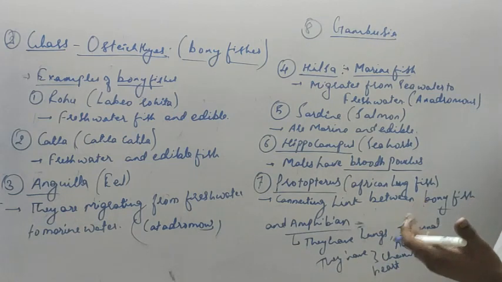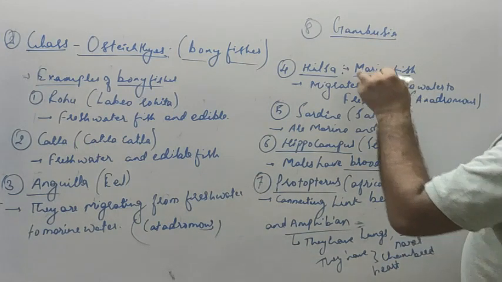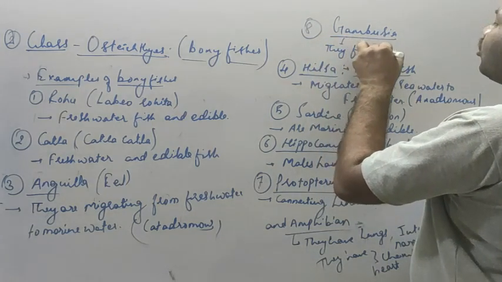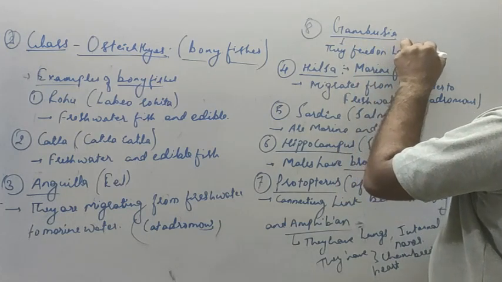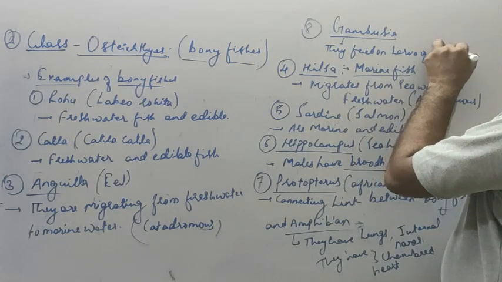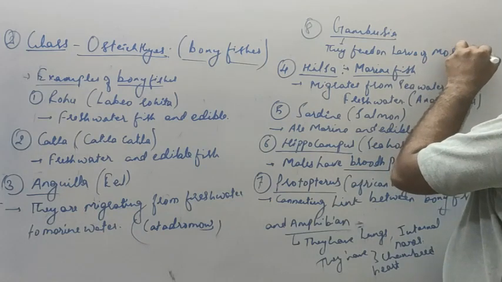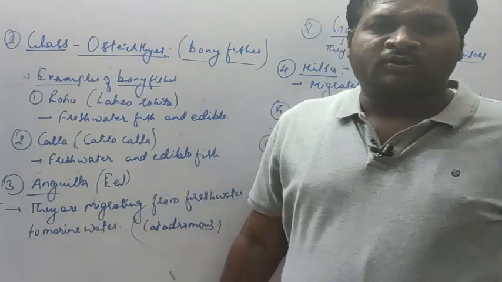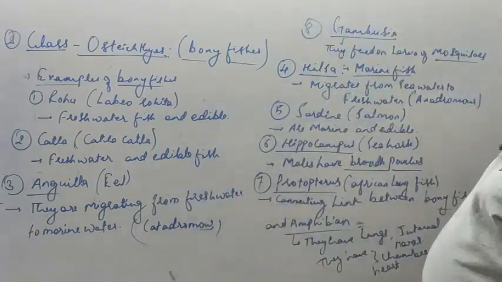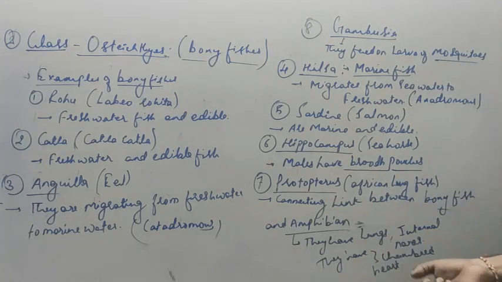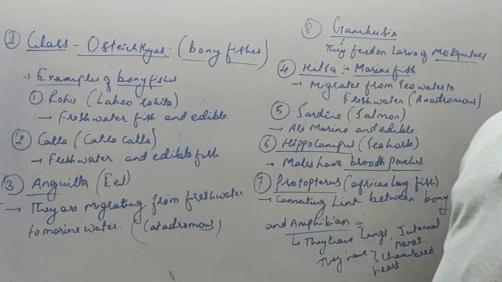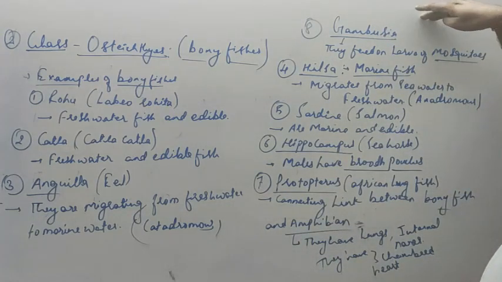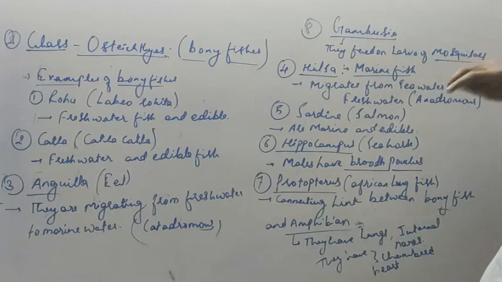They feed on the larva of mosquitoes. So as they feed on the larva of the mosquito, they keep the water clean. It will not be as contaminated, as the larva would develop into insects like mosquitoes, which can cause various diseases. So if we use Gambusia type fishes, they can clean the larva of the mosquitoes.